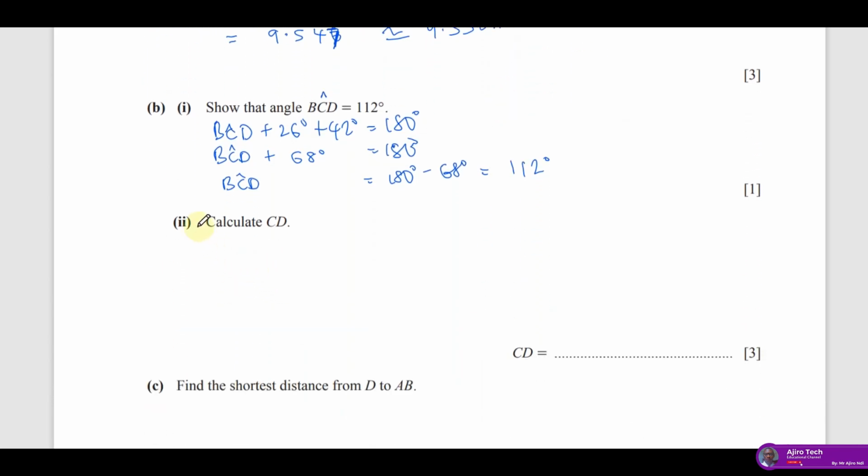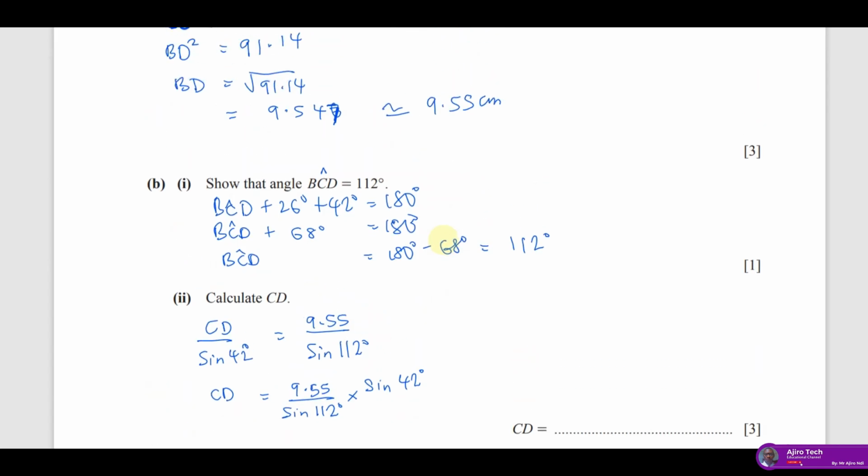So CD divided by sine 42 is 9.55 divided by sine 112. So CD is 9.55 over sine 112 degrees multiplied by sine 42 degrees. The answer should be 6.89.